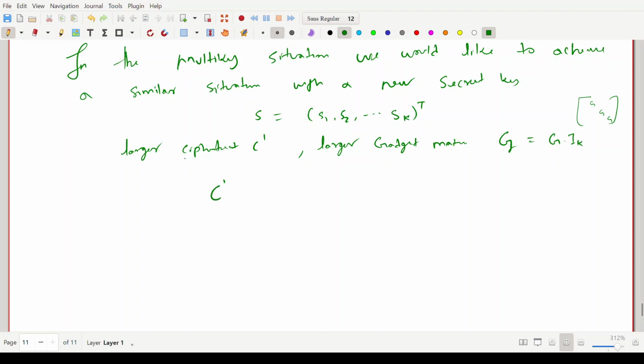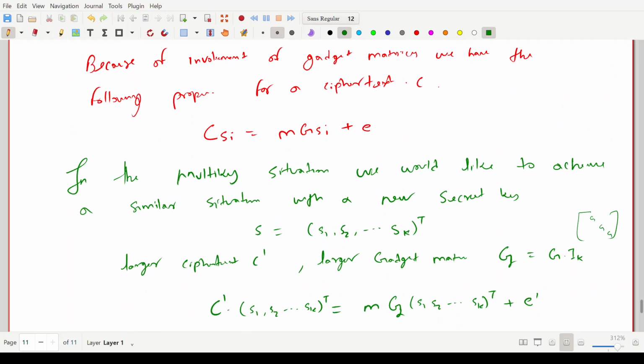The new ciphertext C dash, if it is multiplied to the secret key, what you should get, just like in the previous case, is M times the new gadget matrix multiplied by your secret key plus some error, say E dash. Do you observe something similar I am trying to create? This was my secret key, correct? This was the error. This is the gadget matrix.